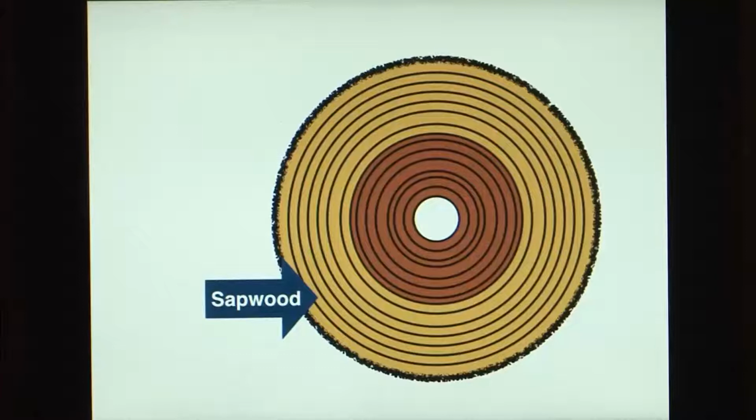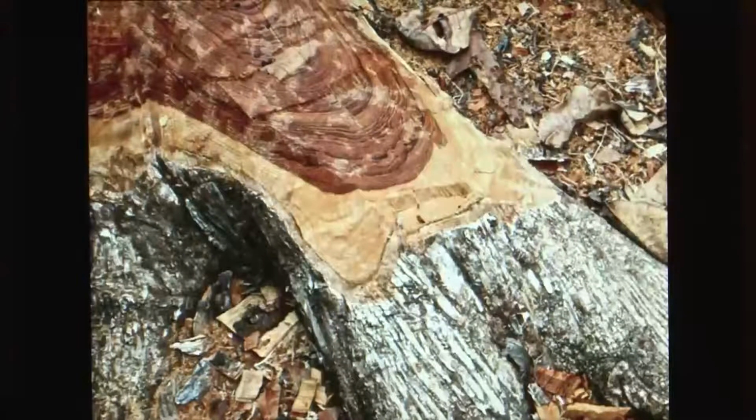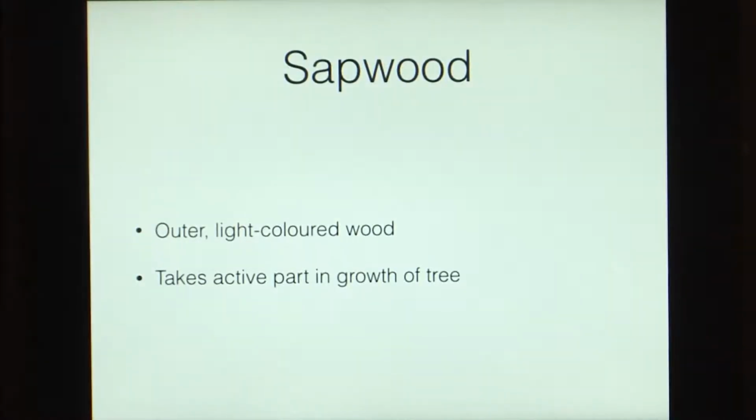Right next to the bark, as we can see in the slide, is the sapwood. Sapwood here is shown in yellowish brown color, and if we look at our stump as well, it is the yellow colored portion of the stump. So, the sapwood is the outer lighter colored wood.